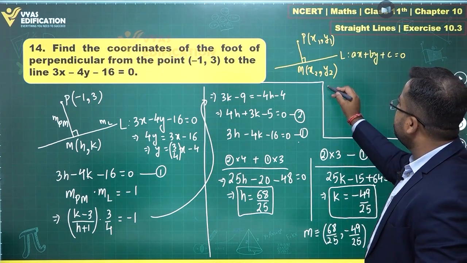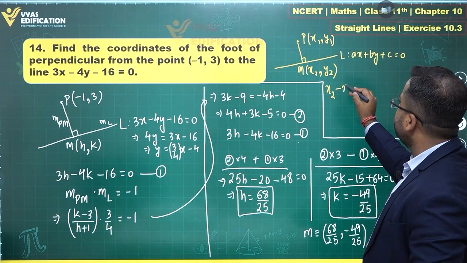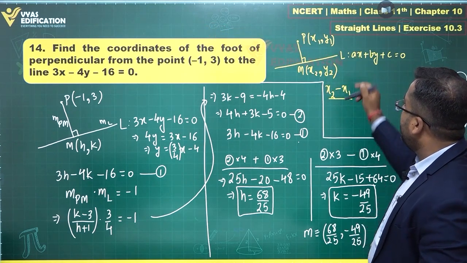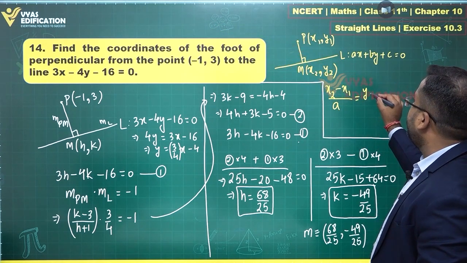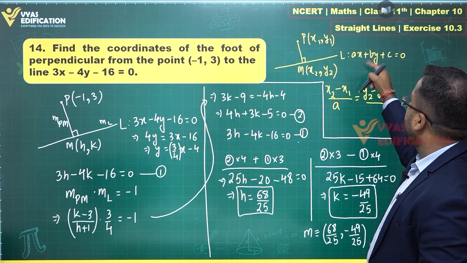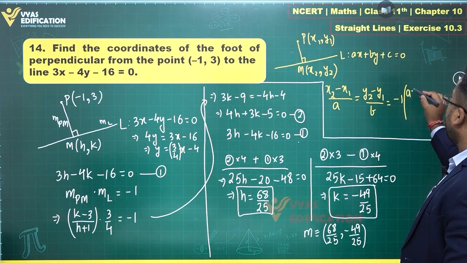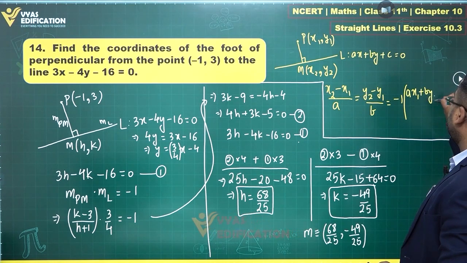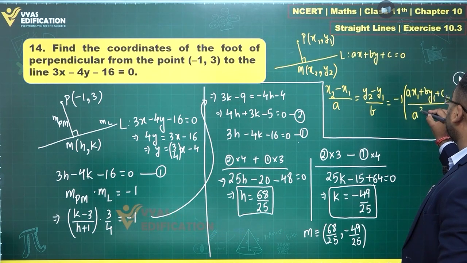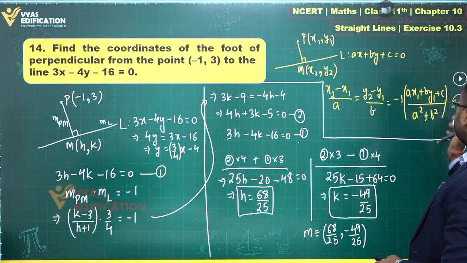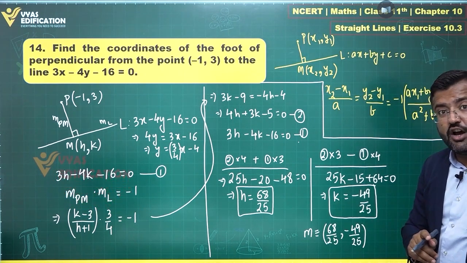The direct result says that (x2 minus x1) upon a is equal to (y2 minus y1) upon b is equal to minus 1 times (ax1 plus by1 plus c) upon (a square plus b square). Mind you, there is no modulus, there is no under root in the denominator.